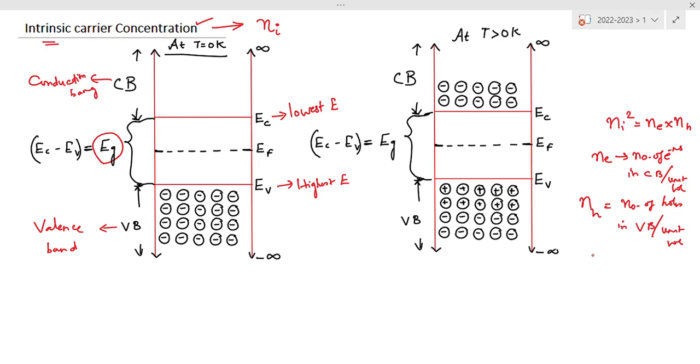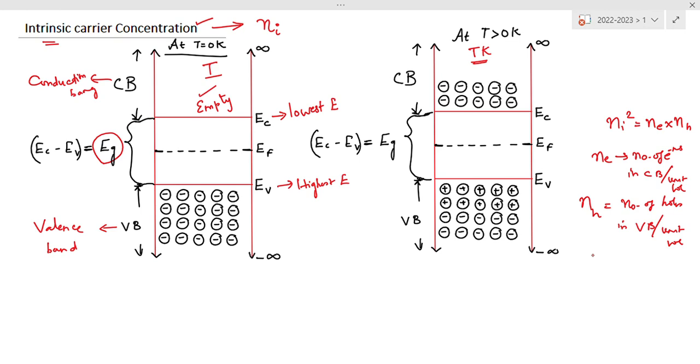The first diagram shows at T is equal to 0 Kelvin the intrinsic behavior of the semiconductor, and at T greater than 0 Kelvin, when the temperature of the semiconductor is kept at T Kelvin, here the movement of the electrons from the valence band to the conduction band is considered, and here at T is equal to 0 Kelvin the conduction band is empty. There will not be any free electrons or conduction electrons available.